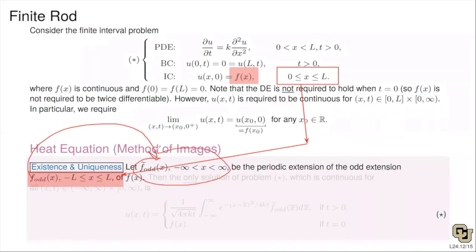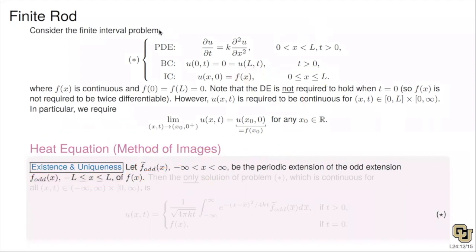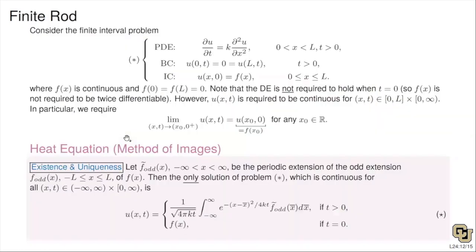And so now we have f tilde, our initial condition, defined from minus infinity to infinity, and now we're pretending we have an infinite rod problem. Check out this notation: that's the periodic extension of the odd extension of f. We claim that the unique solution to this problem can be shown to be this function here.